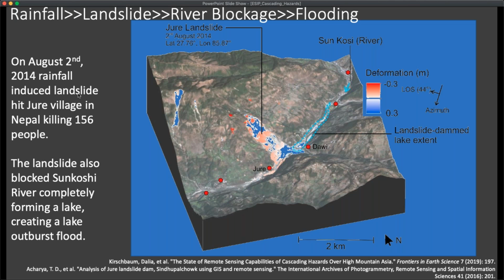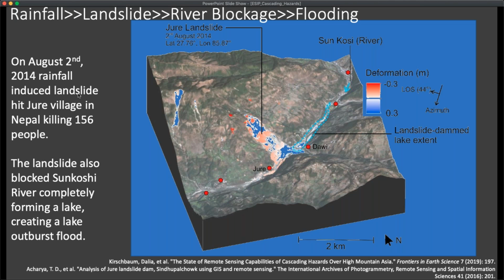And basically the landslide hit and killed about 156 people in the town of Jure. And it essentially dammed a river, causing further risk of outburst flows over the same town that was essentially just hit by a landslide.